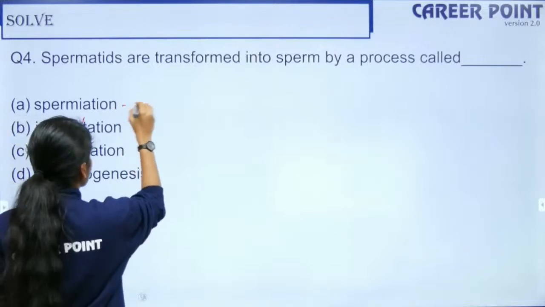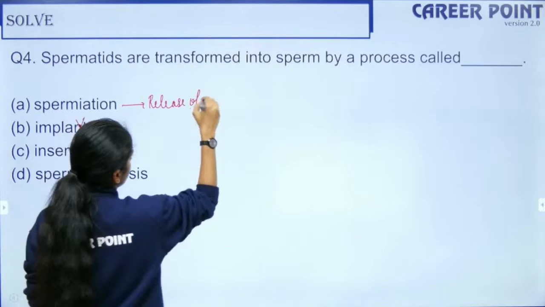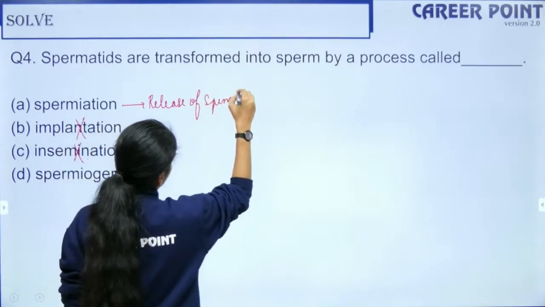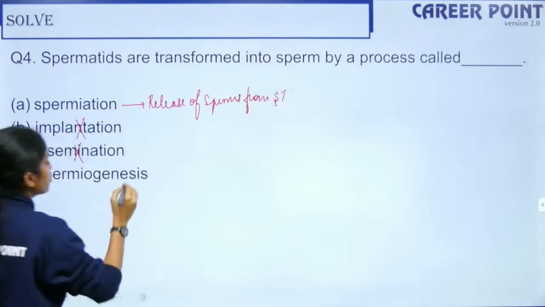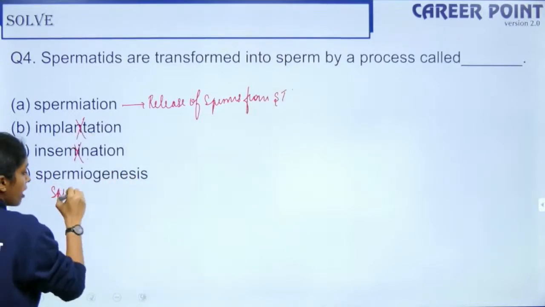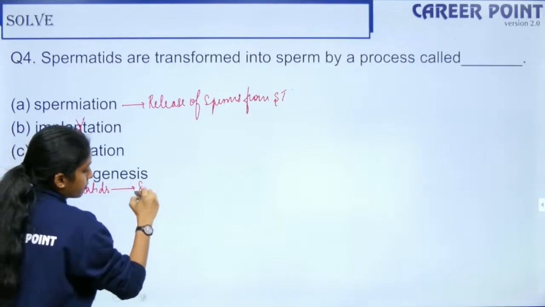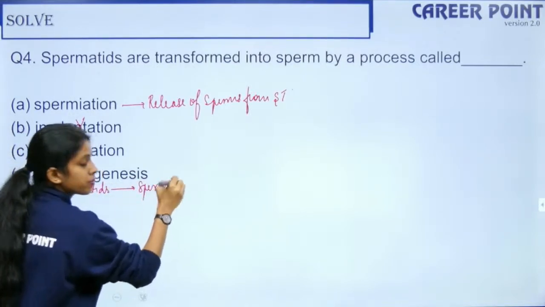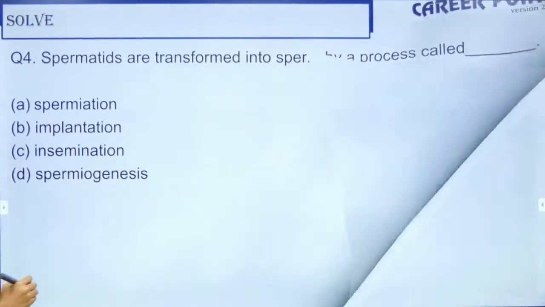So spermiation is the process of release of sperms from the seminiferous tubules. So spermiogenesis is the process where your spermatids are converted into sperms. Right? So here the right answer is spermiogenesis.